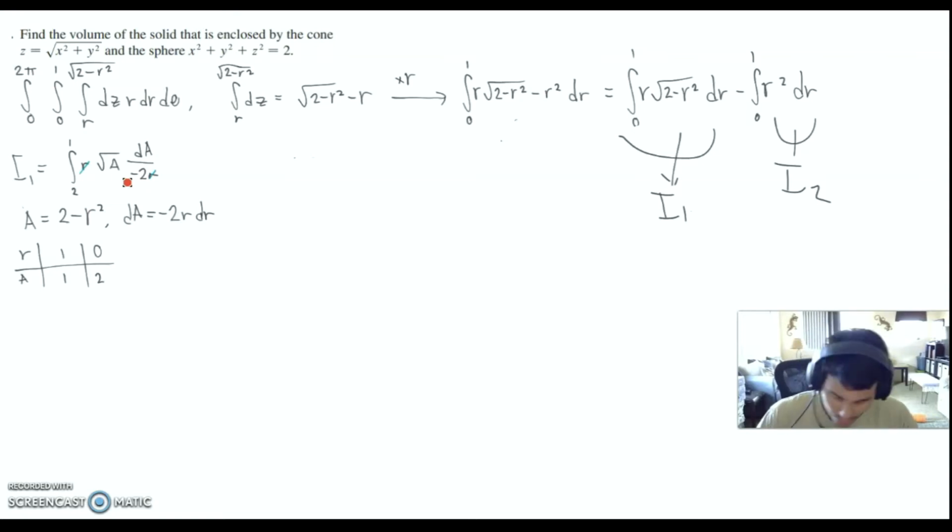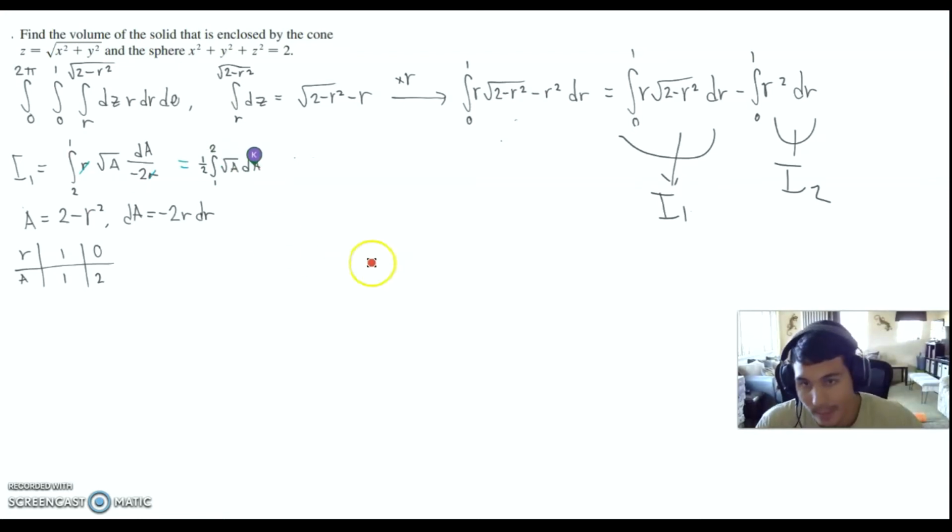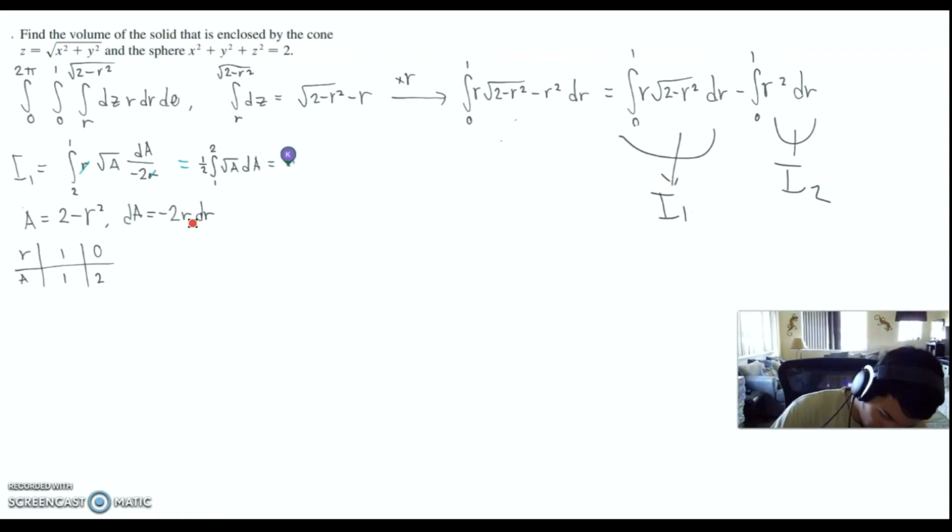But we have a negative here, so I could rewrite this whole integral as the same thing. It's the exact same thing. All you did is just flip the bounds, and that gets rid of the negative, because a negative times a negative is positive. Okay. So if we do this integral, we get 1/2.